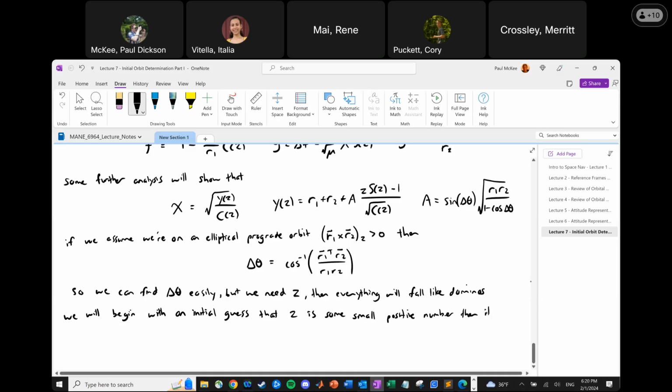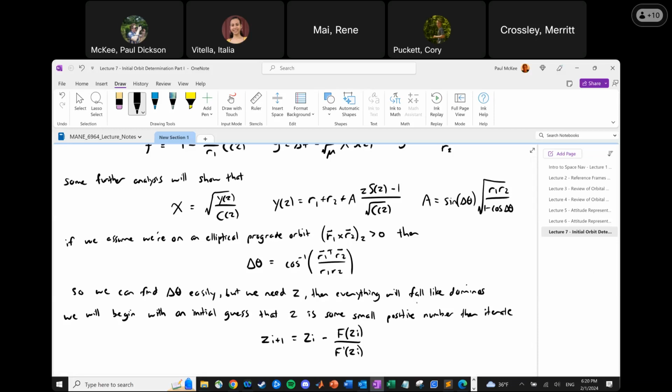Then iterate. And this is where we're going to use that familiar Newton's method. So Z at the next iteration is Z at the current iteration minus some function of Zi divided by the derivative of that function of Zi. So this basic method of iterating until convergence should look a little bit familiar.